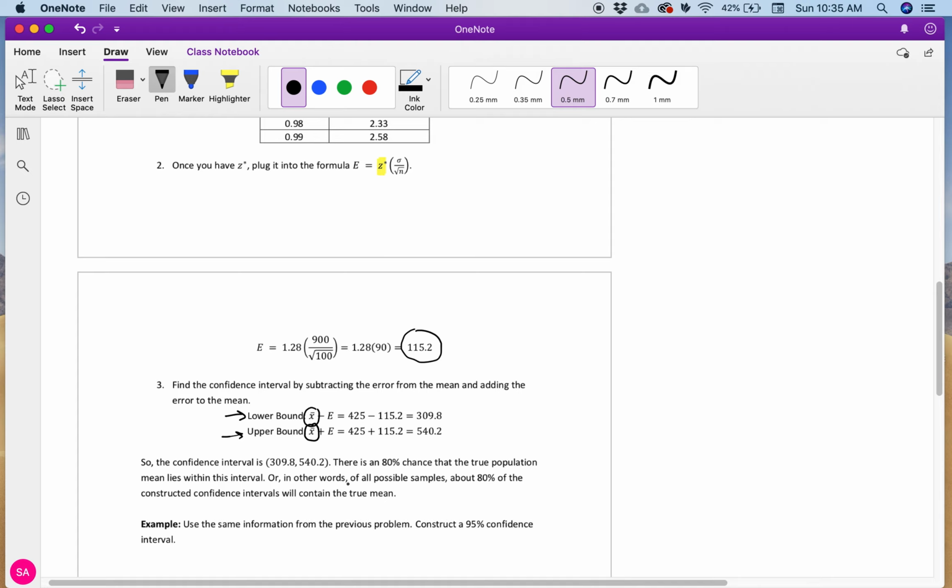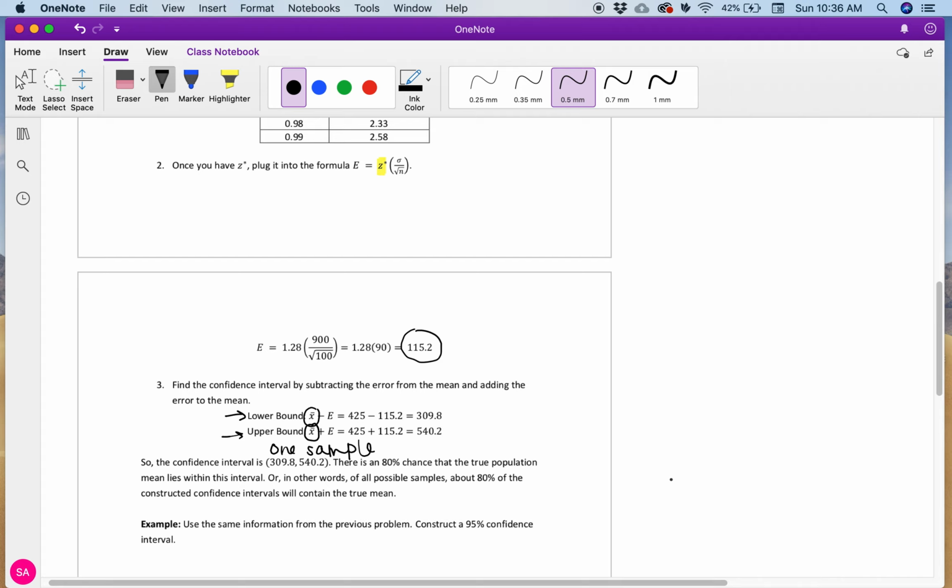But another way to look at it is, since we only did an interval for one sample, this is just an interval for one of those samples. We didn't find the intervals for all of them. With an 80% confidence interval, we believe there's an 80% chance that the true population mean actually lives within this interval.